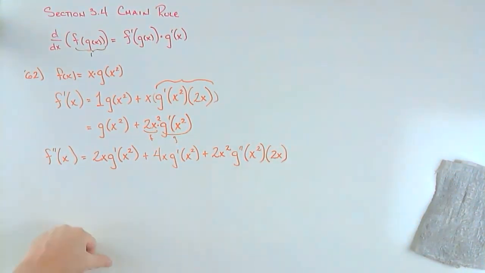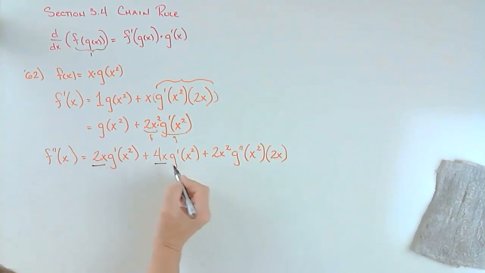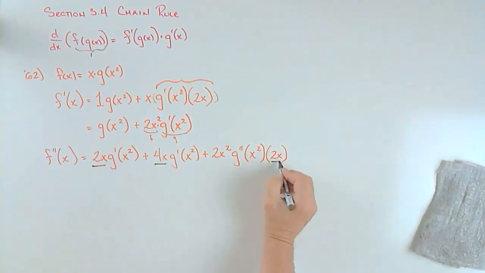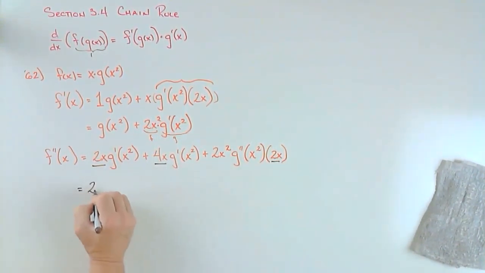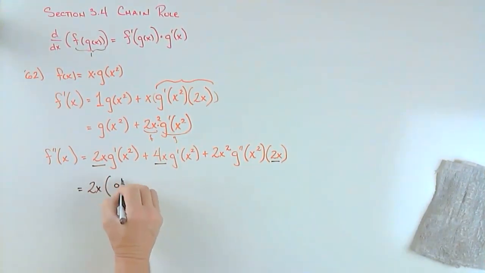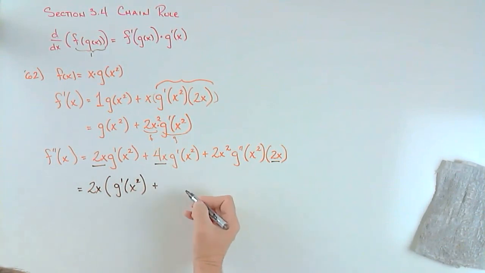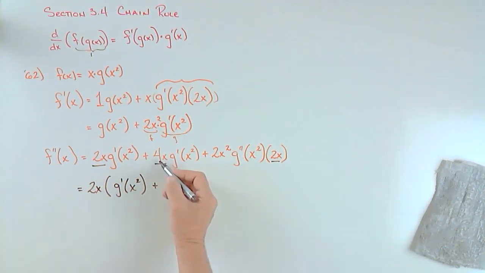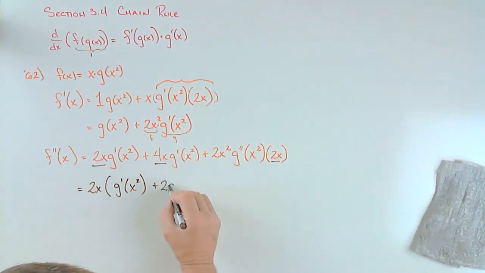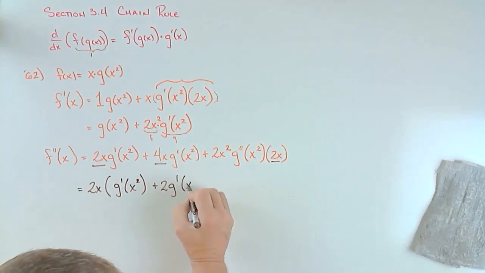Now we ask ourselves, is there anything we can factor out of any of these functions? Do we have any common factors? Here's a 2x. There's obviously a 2x in here. Here's a 2x over here. So we can pull out a 2x. That's it. That's all we can pull out. Here we're left with g prime of x squared. Now we took a 2x out, so that leaves us a 2. So we've got plus 2 g prime of x squared.